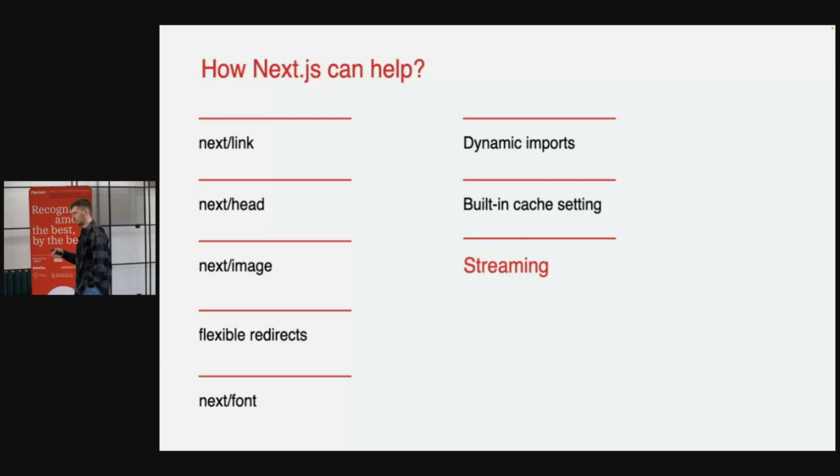Let's imagine you requested your web application, right? It helps you to show some kind of initial loading state or some information before your data is loaded, while data is loading in the background. But as soon as data is prepared, it will just stream it exactly to your page.